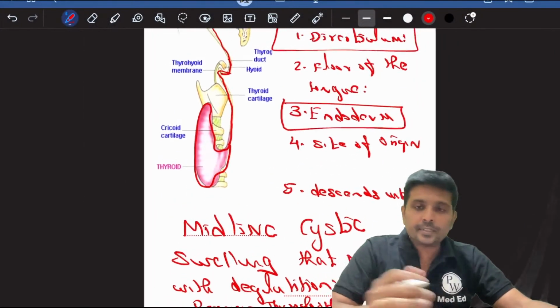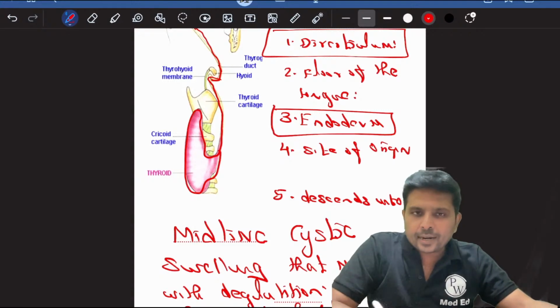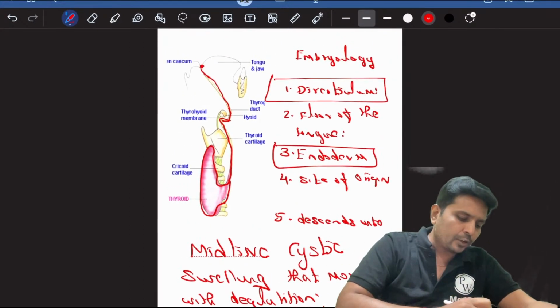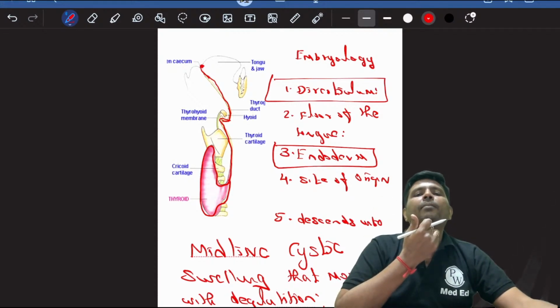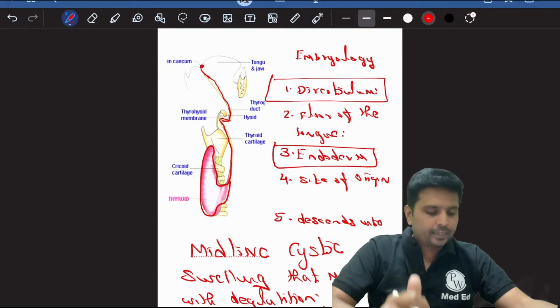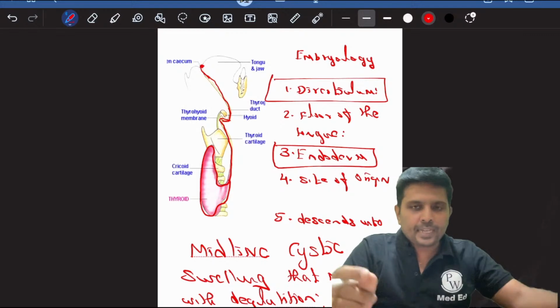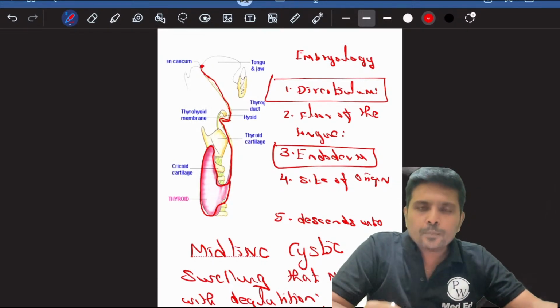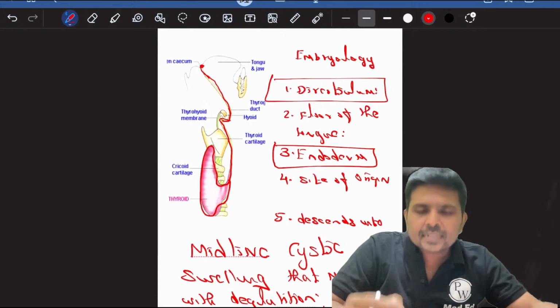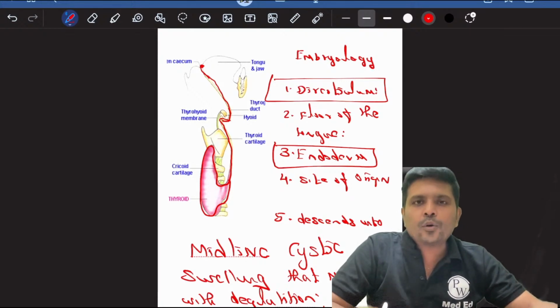It forms from the remnant of the thyroglossal duct during its pathway of descent from the foramen cecum to the tracheal cartilage. I repeat again, any midline cystic swelling that moves with protrusion of tongue, unless otherwise proved, is a thyroglossal cyst.